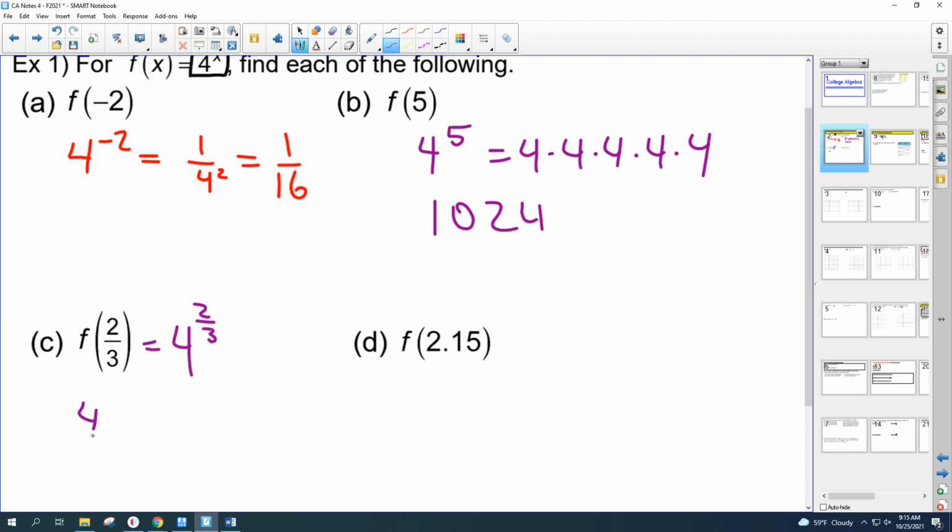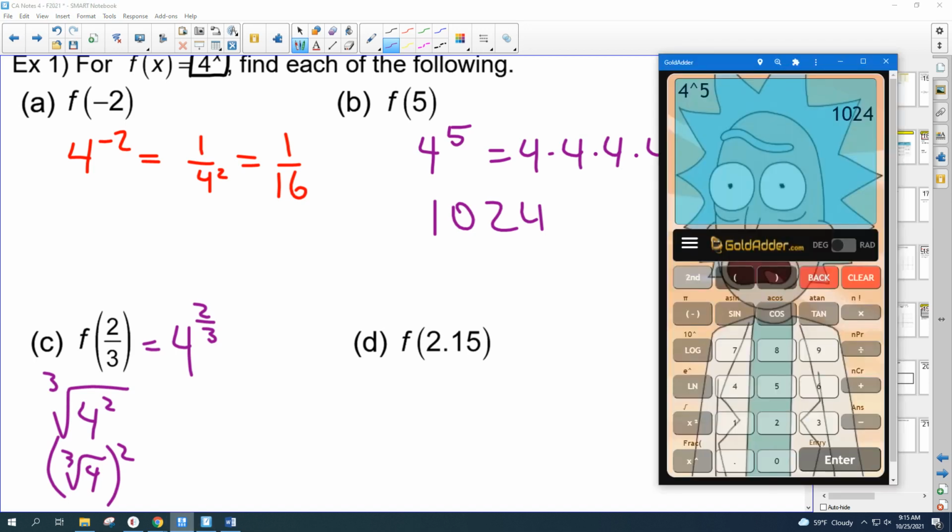You can look at it as 4 squared, and then take the third root of that if you want to look at it that way. Or you can look at it as the third root of 4 and then square it. You can look at it either way. I think the easiest way, though, in this case is probably just to type it in, all right?